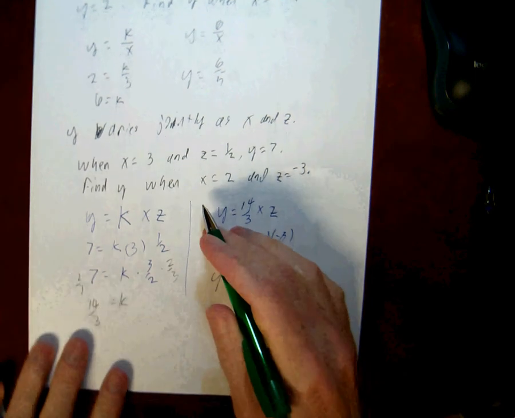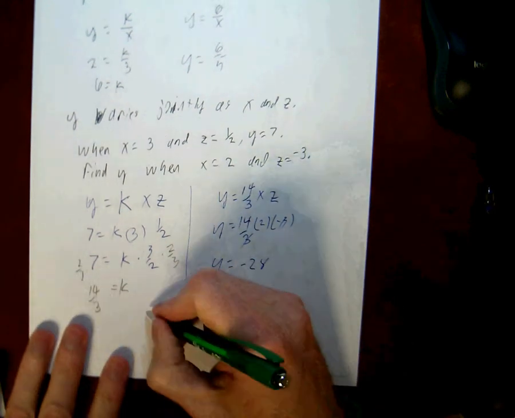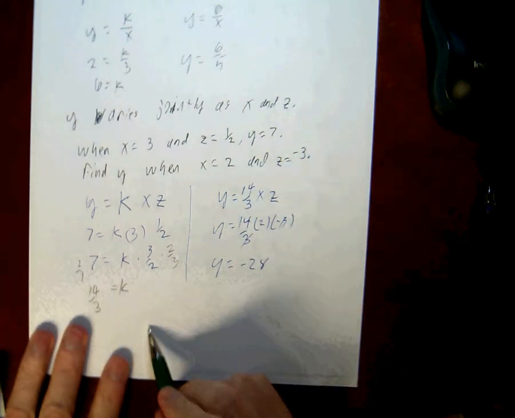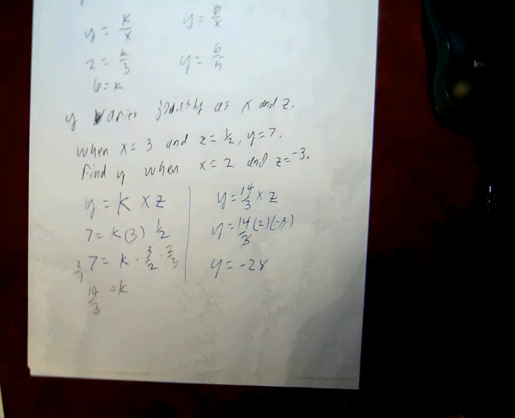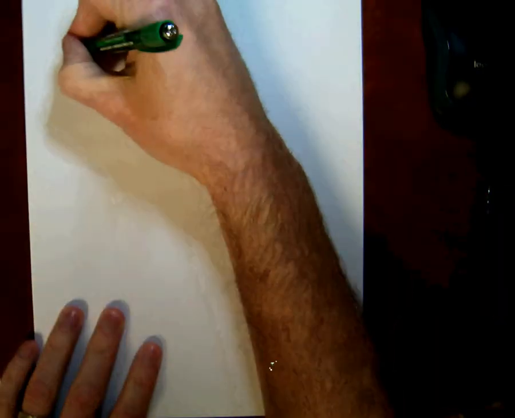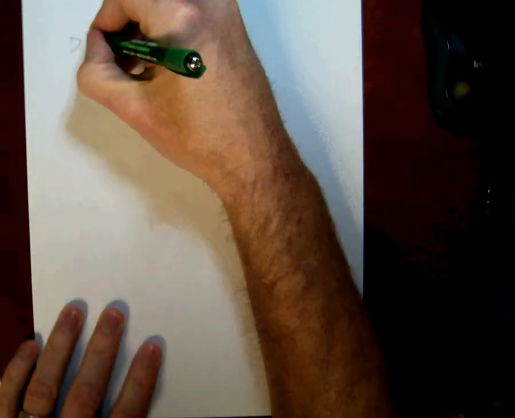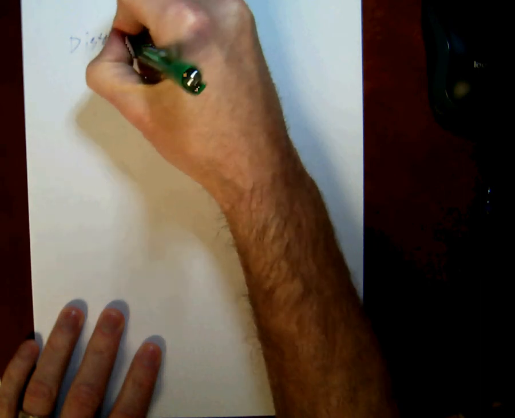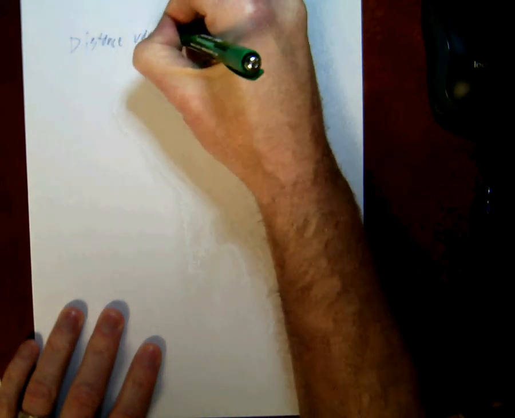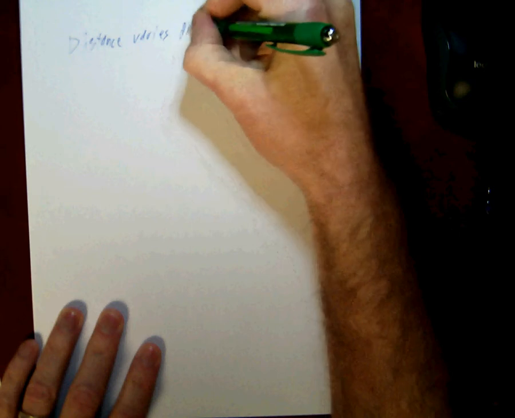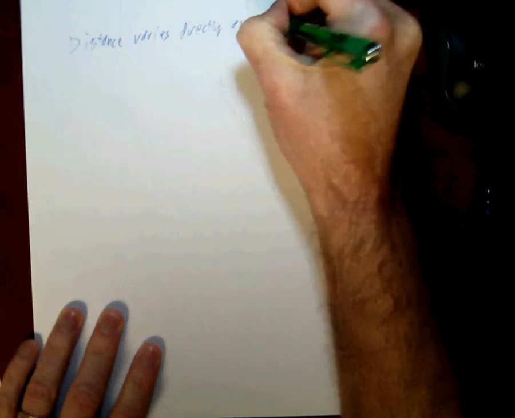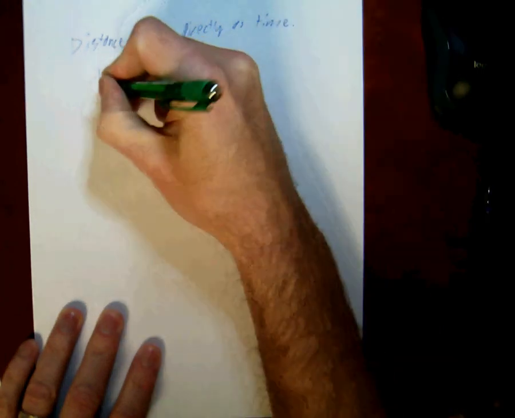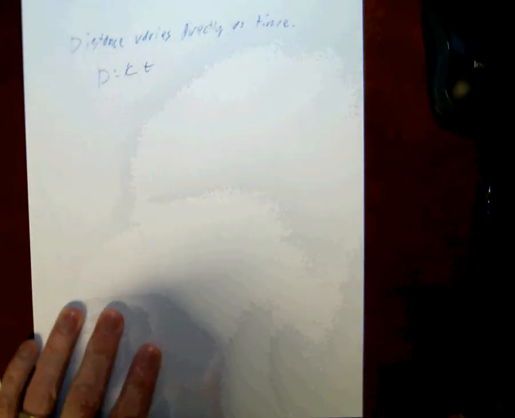Actually, what they could say is, they could say distance varies directly as time. If I say distance varies directly as time, how I translate that is d is equal to some number times t, right?